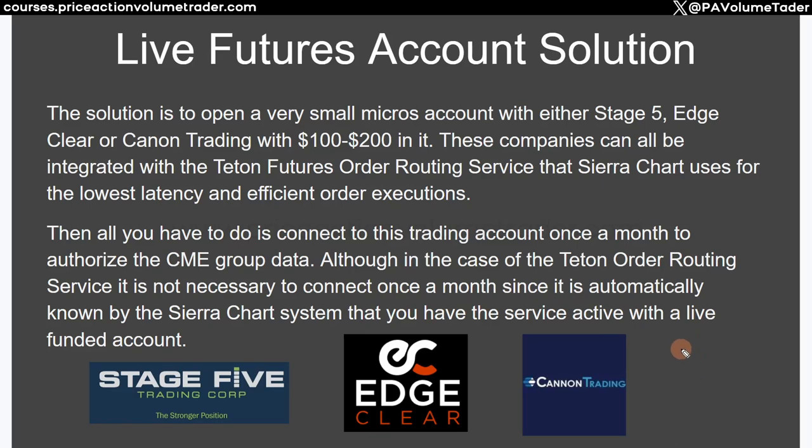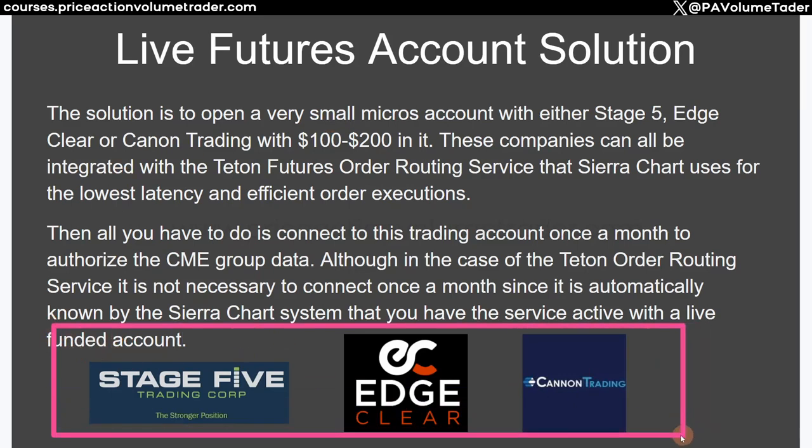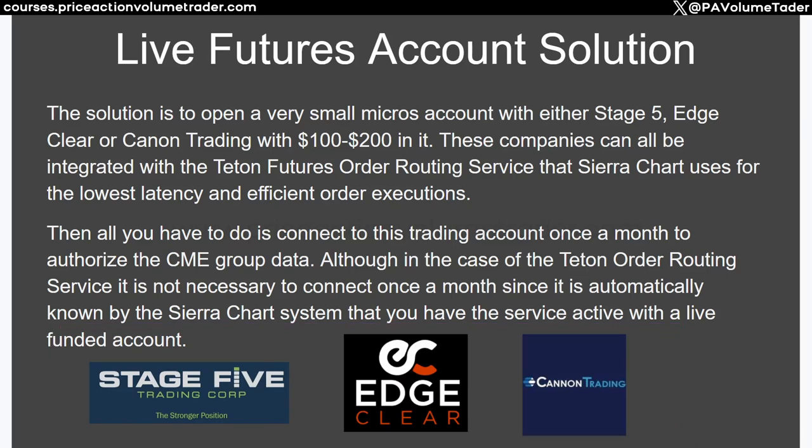Okay, so if you don't already have a futures trading account, the best way is to look into these 3 companies that we have here, open a small micro trading account, and you don't need to use this account. If all you want to do is trade on your trader funding account, all you have to do is have the futures account activated and not even touch it, and that's going to fill in the requirement.